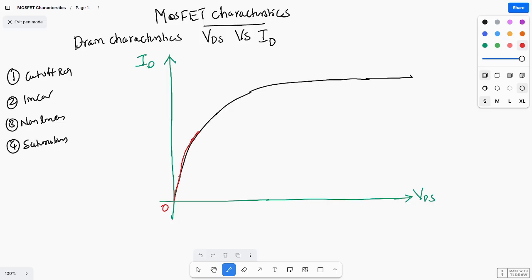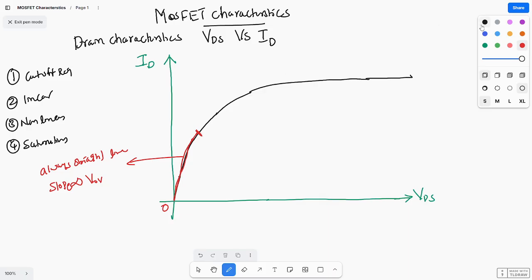This is nothing but the linear region, almost a straight line with slope proportional to VOV. This is always a straight line, and the slope is proportional to VOV, which is the overdrive voltage.